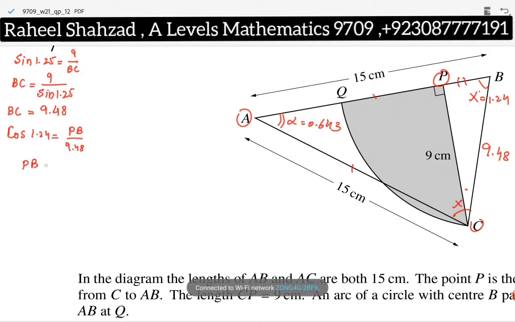So PB is going to be equal to 9.48 into cos of 1.25.